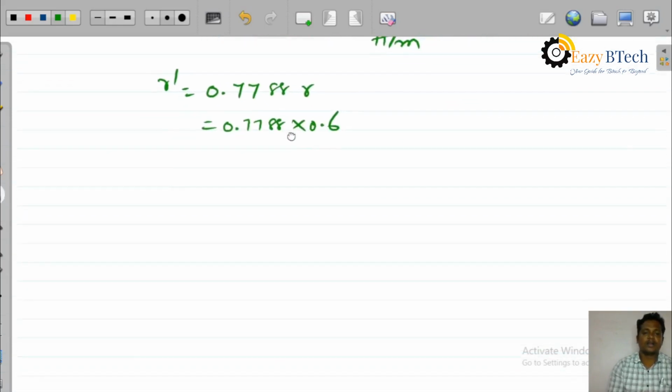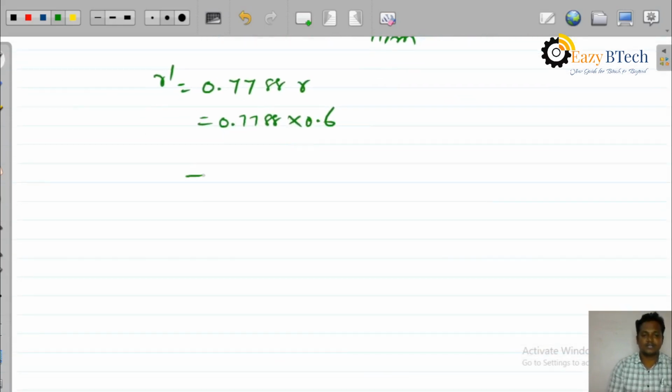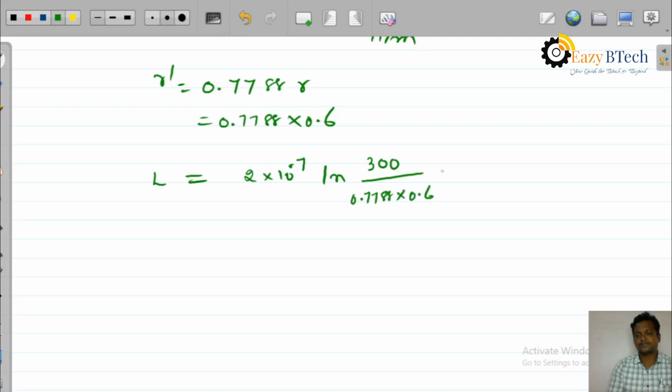Therefore the inductance for 180 kilometers is 2 into 10 power minus 7 ln of D, 300, by the effective radius 0.7788 into 0.6, into 180 into 10 power 3.